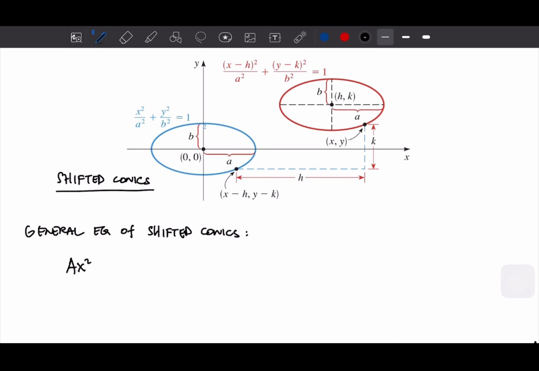Let me write ax squared plus b... okay. A and C are not zero.